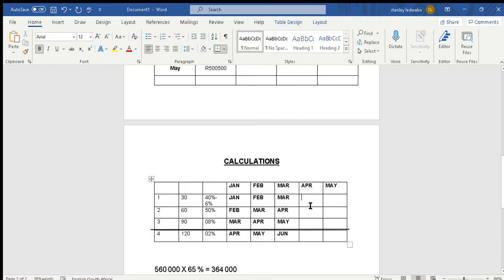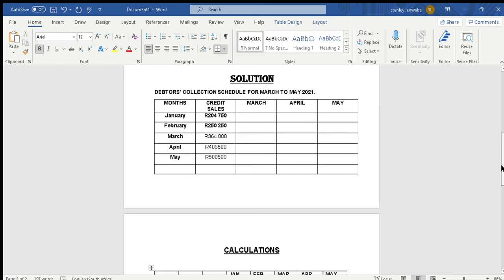If it's April, it's going to be April, May, June, then July is written off. If it's May, it's going to be May, June, July, August.